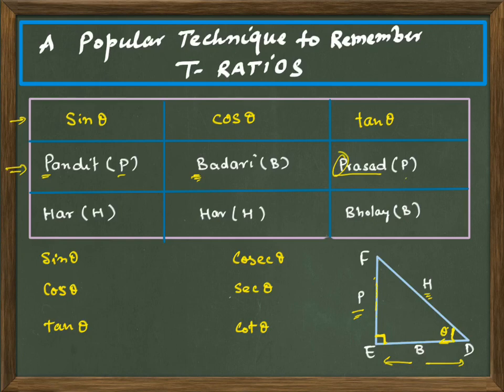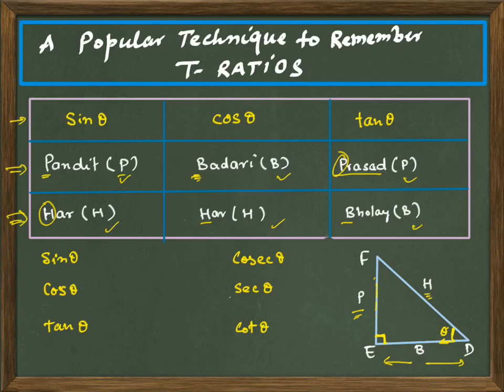Now in a similar way, in the third line I have written Har Har Bhole. The first letter is H, here also H, and here B. So now we will consider the brackets we have mentioned: B B H P B. Because we have to remember Pandit Badri Prasad and Har Har Bhole, that's why we have written this.